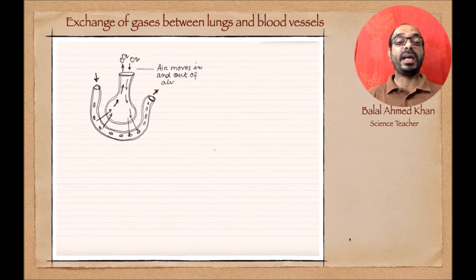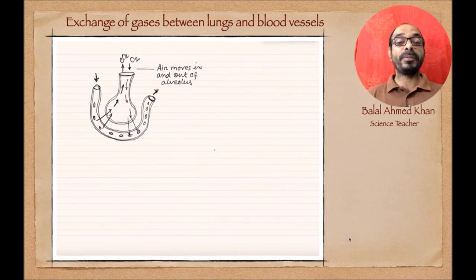Air moves in and out with the help of external respiration, or the inhalation and exhalation process. From the alveolus, it releases carbon dioxide and receives oxygen during inhalation and exhalation.